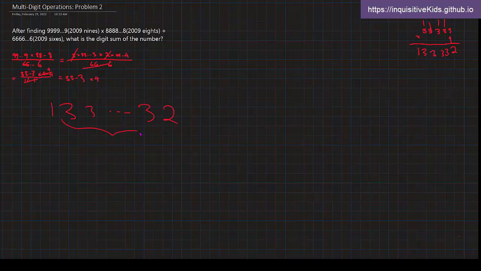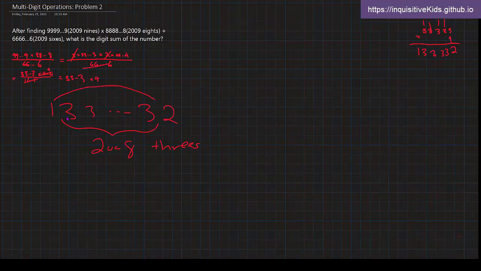And how many threes are there? There is going to be one less than 2009, which is 2008. So over here there are 2008 threes. So what is the digit sum of this number? We're going to add this. So we know that there's already a lot of threes, right?